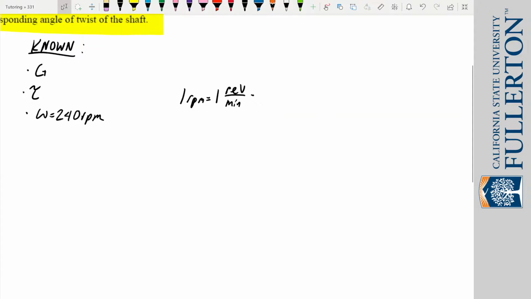If we multiply that by 1 minute over 60 seconds, those units cancel out. We're left with 1 over 60, so that would just be 1 revolution a second, equal to 1 over 60.